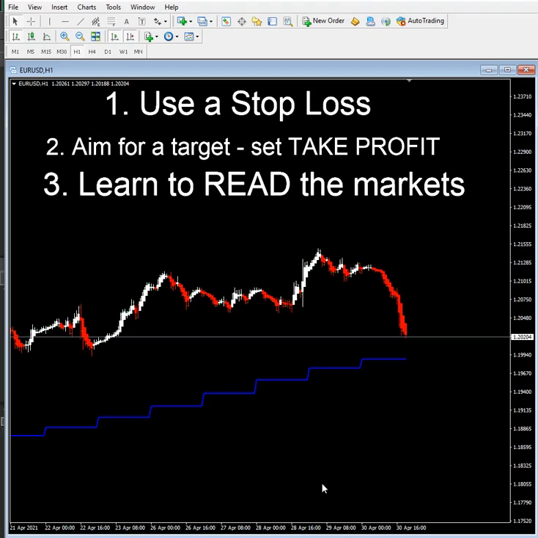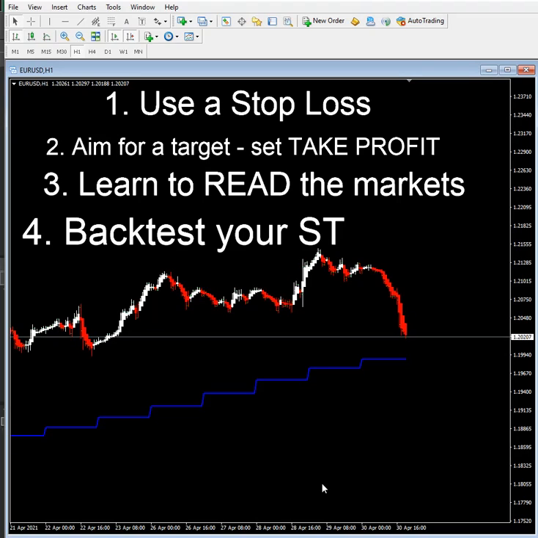Learn to read the markets, trust your strategy, back test it, and I'm sure that you're going to get burnt every now and then, but once you've practiced your strategy by using a stop loss, which is my recommendation, you should be fine. Otherwise, for those who don't want to use a stop loss, that's fine too. It's your money at the end of the day. Maybe when you've blown a few accounts, you could re-watch this video and it might change your mind.